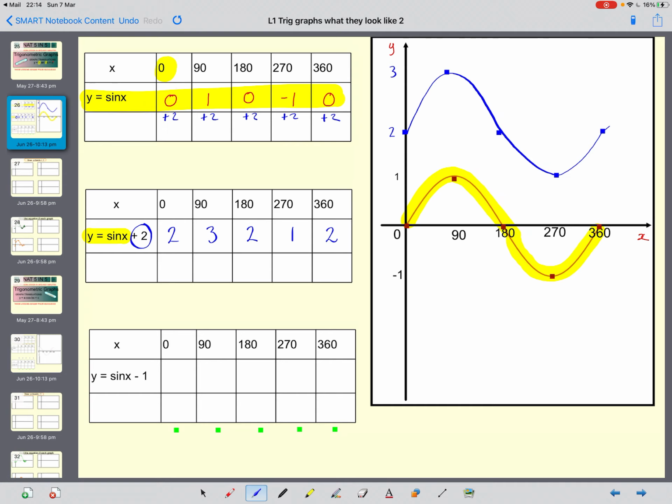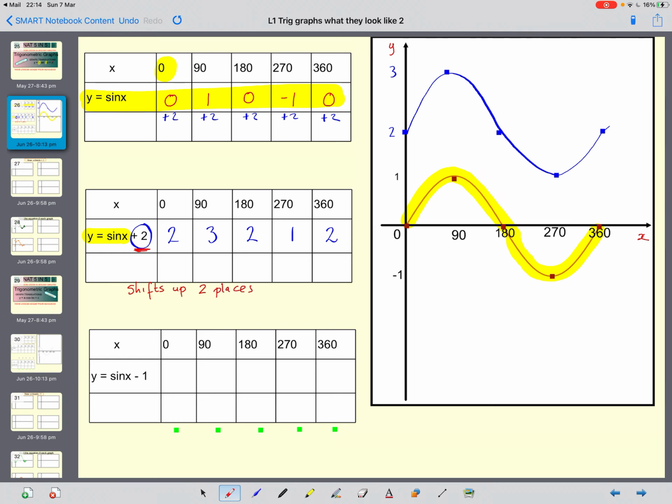This 2 at the end has caused it to move up 2 places, doing exactly what you think it is going to do. It has moved up 2 units in the y direction. So I'm going to write here, shifts up 2 places.